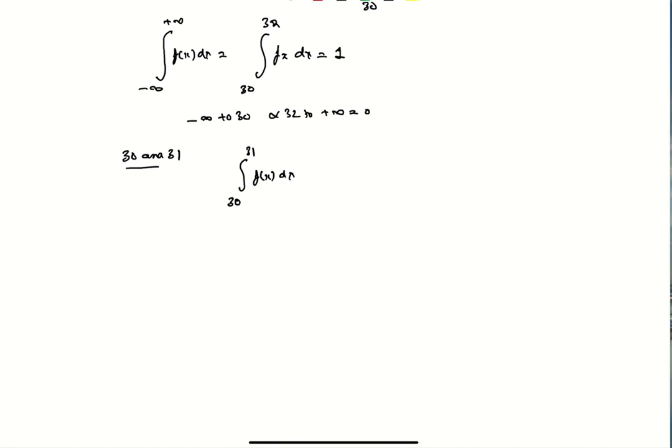Since the f(x) is half, you can calculate it using integration just by putting f(x) as half in it. So you will just write it as the integral from 30 to 31 of half dx, which will give you the probability of it.